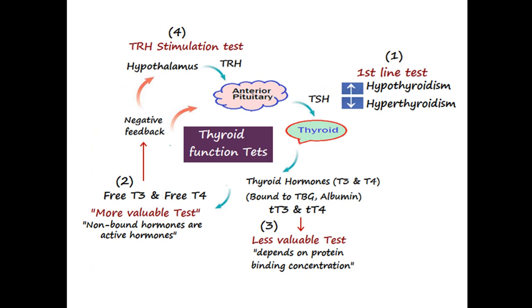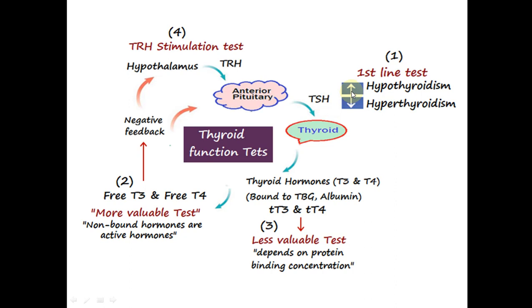So, by summarizing the tests, we know the feedback loop for the synthesis of thyroid hormones. And the TSH is the first line test. The TSH, increased TSH means hypothyroidism.